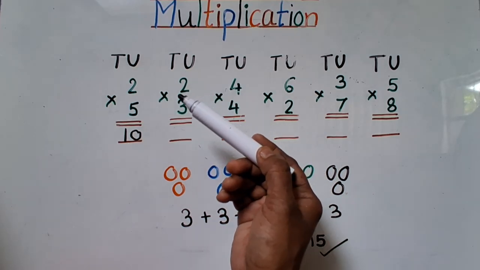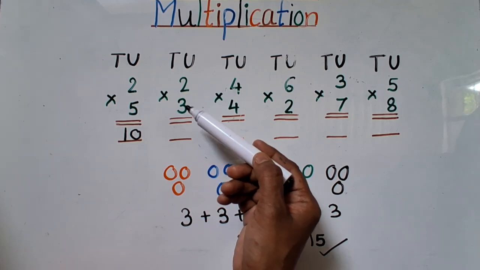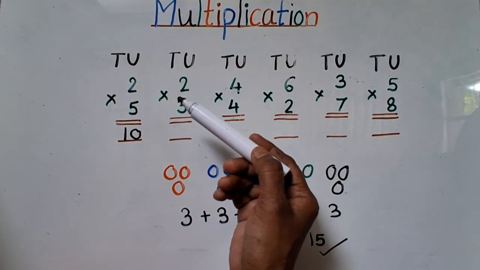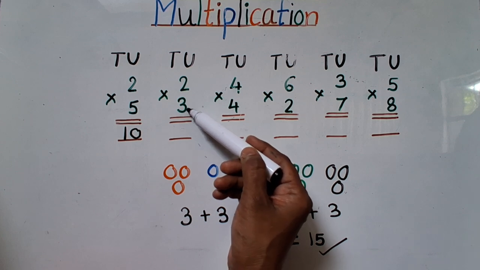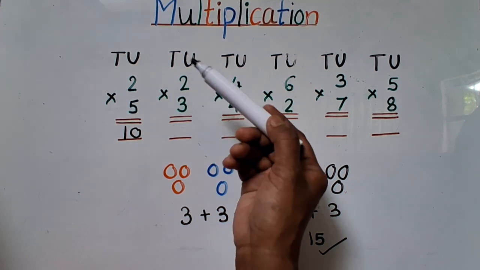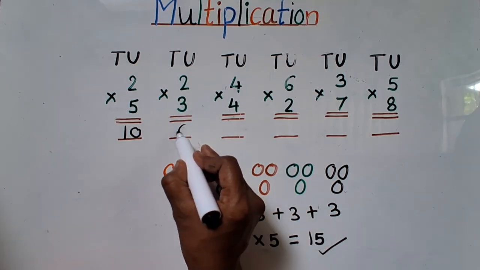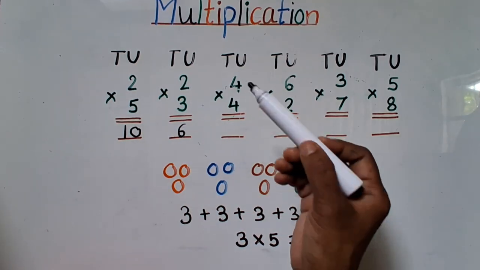Let's start the second example. Our second example is 2 multiplied by 3. Okay. So always try to recite the table of the second number, like this 3. So 3 ones are 3, 3 twos are 6. 2 multiplied by 3, answer is 6.